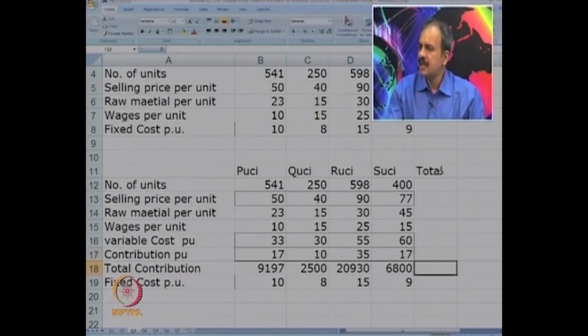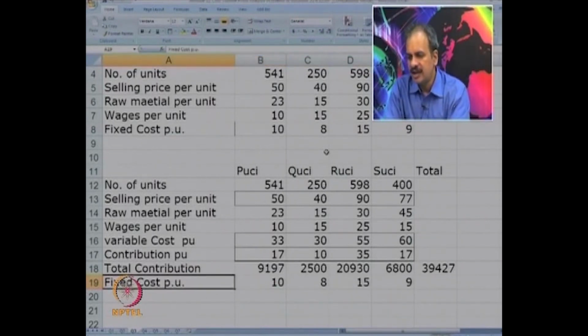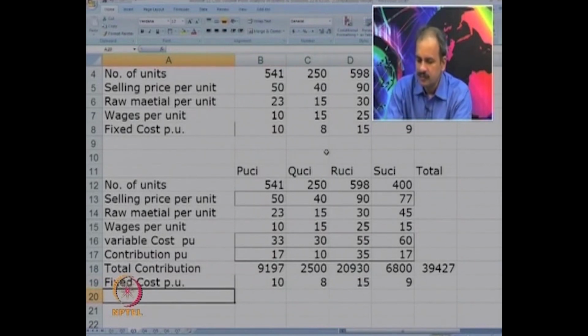Now let us take a sum of the contribution generated by all the 4 products, that is 39,427. Fixed costs are also given on per unit basis, but that is not of so much use to us.